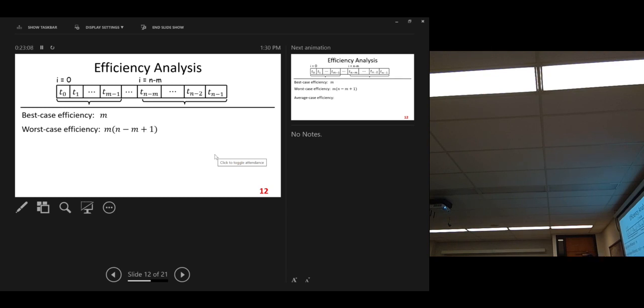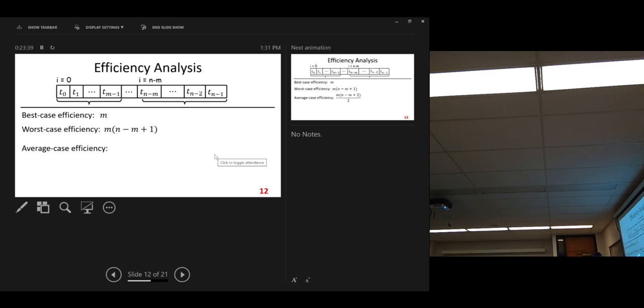So what is the average case efficiency? Is it the average of these two numbers? Usually you should be very careful, but here the answer is correct. Because you can try this: m in one case, 2m in another, 3m, all the way up to this multiple of m.